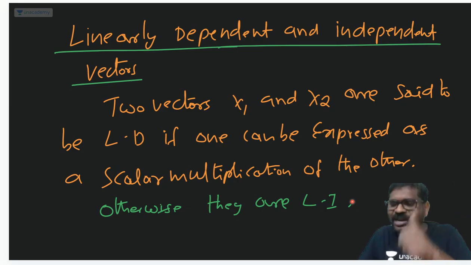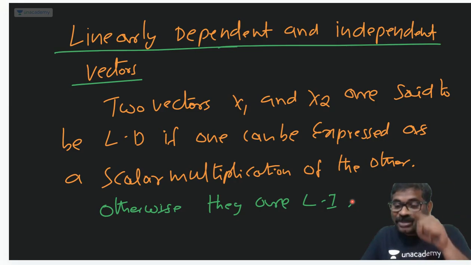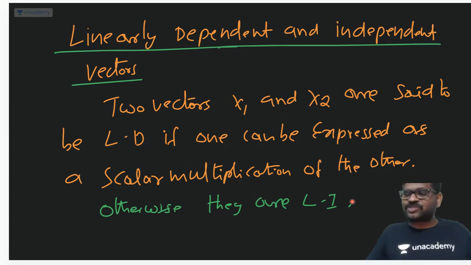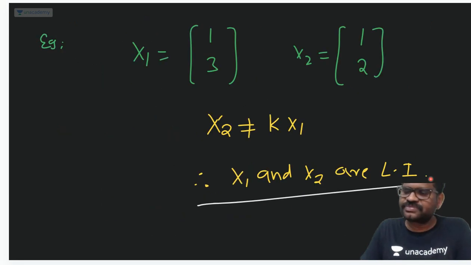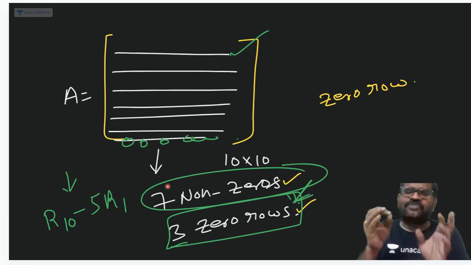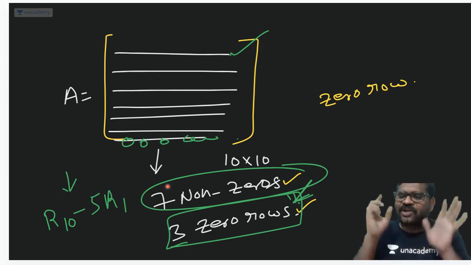Why? Rank represents the number of independent vectors. A non-zero row always represents an independent vector, because even after applying so many operations, the row still remains a non-zero row, which means it is an independent row. Catch my point? That's why you count the number of non-zero rows to understand the rank of the matrix.